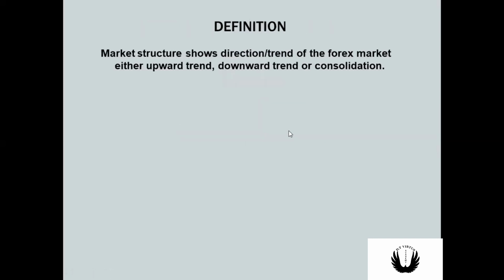Market structure can be defined, the definition rather. Market structure shows the direction, trend of the forex market, either upward trend, downward trend, or consolidation. Market structure actually shows the directional bias of the market. It shows us the current position of the market.